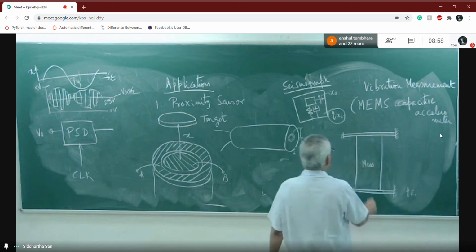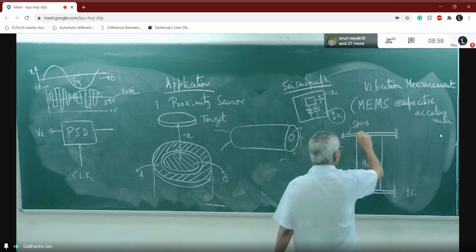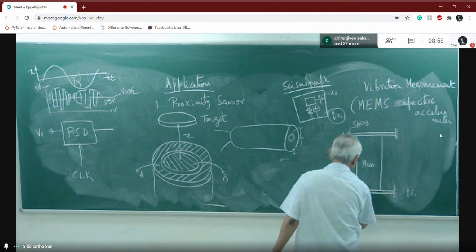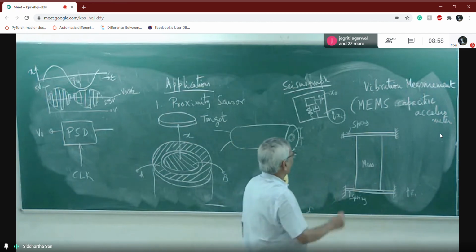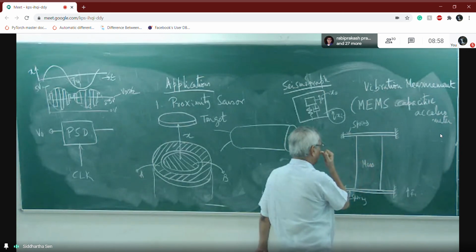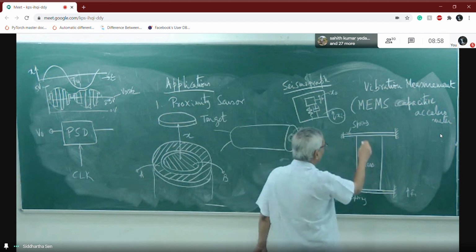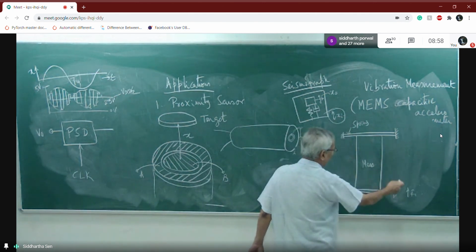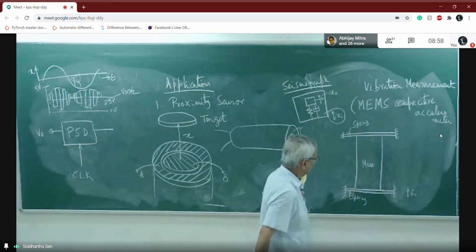Suppose this is your spring, maybe it's very small and thin, and this is also your spring here, a very small, thin type of wire or some plate, and in between hangs a mass. This whole body, which is connected to the spring, is subjected to a vibration, say a force given upward.